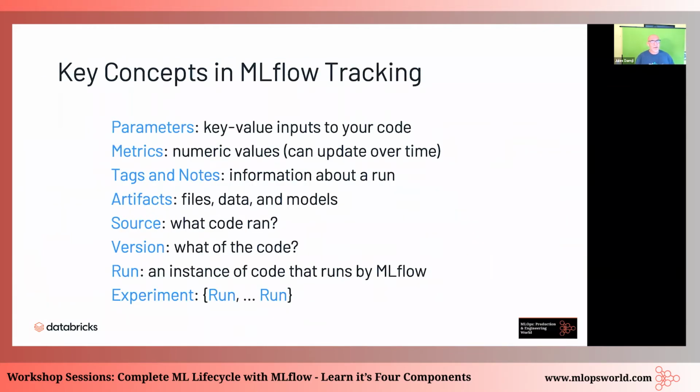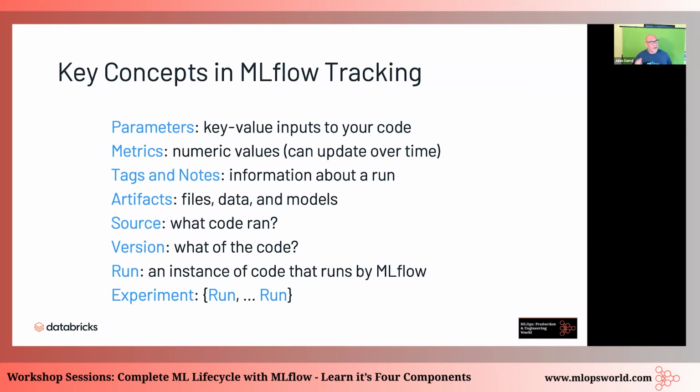Before we get into tracking, I wanted to give you an introduction to certain key concepts in MLflow tracking. When you're building an MLflow experiment, there are a few things you want to keep track of. First, the parameters you use in the algorithms, which are normally the key-value inputs, such as your learning rate or the number of trees you're going to use. Those are the input parameters, which are not learned.